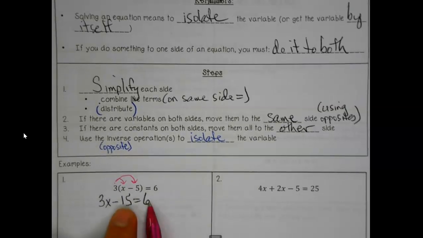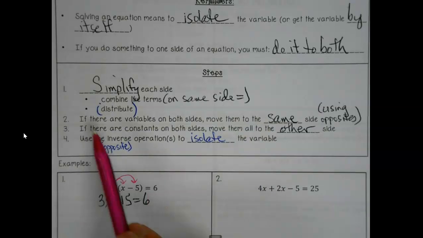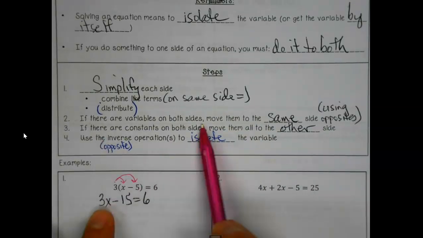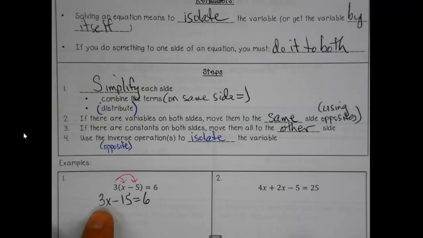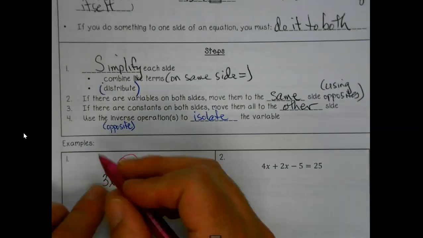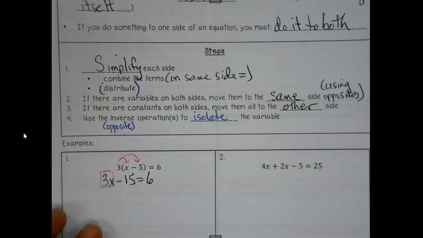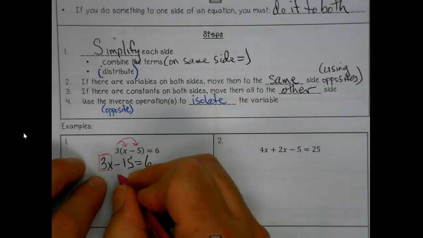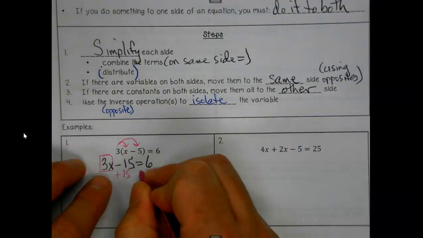They're not on the same side. I'm not just putting them together. This is where all my variables are on one side. Okay, we're good. If there are constants on both sides, yes, just plain old numbers. Move them all to the other side. So my job here is to get the 3x alone.